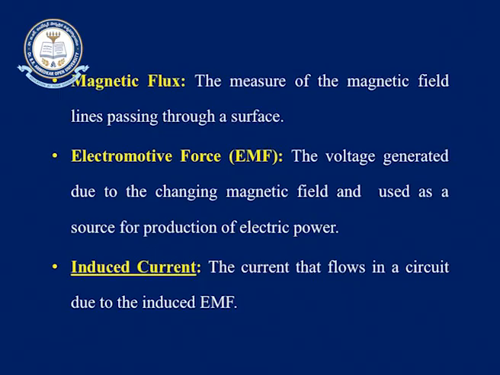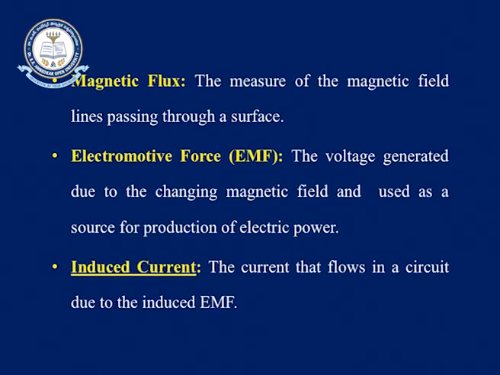Another term we have is electromotive force. What is this electromotive force? When a magnetic field is there, some voltage is produced. Whatever voltage we measure is called electromotive force. If there is a voltage, obviously some current is also produced, and whatever current is produced, we call that induced current.